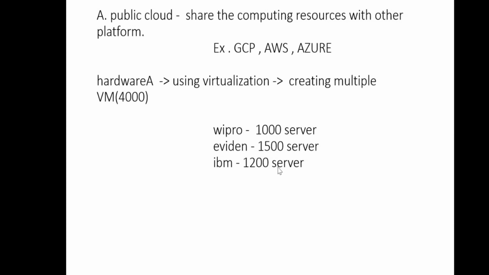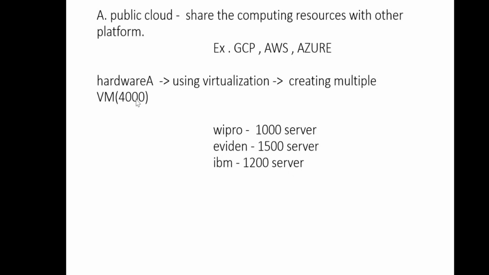So here, there is a need. Now, how will the cloud computing provider resolve that need? Assume from hardware A, using virtualization, they are creating multiple VMs. Assume there are 4000 VMs from hardware A, just as a naming convention. Out of these 4000 VMs, 1000 are given to Wipro, 1500 to Eviden, and 1200 are given to IBM.